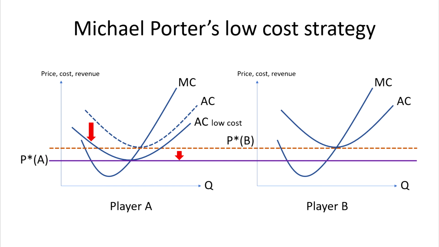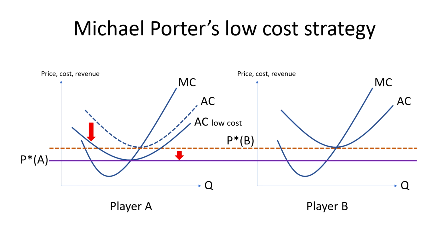Now, the price of A can be lower than the price of B because of the lower cost, the lower AC. And A can take all of the market because A has the price under the price of B. A is the winner in this price competition.